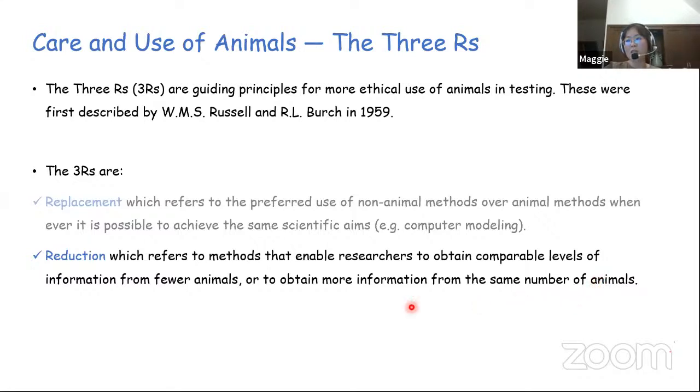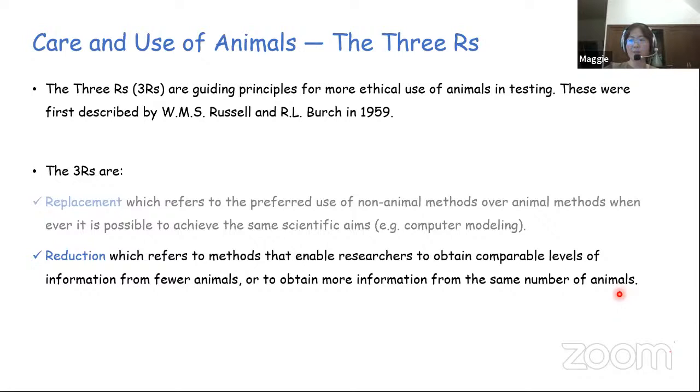So I can obtain more information from the same number of animals. All these studies share the same control group and the same diabetes model group, and then we can evaluate the treatment for the diabetic complications, including those happening in the eyes, in the kidney, in the heart.